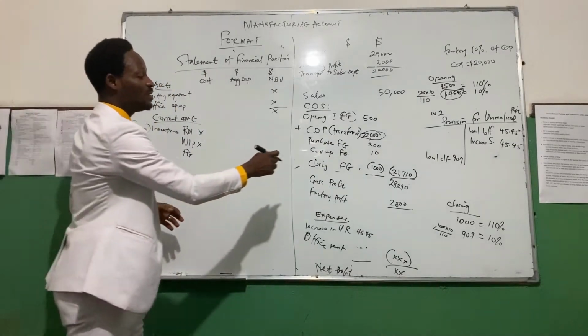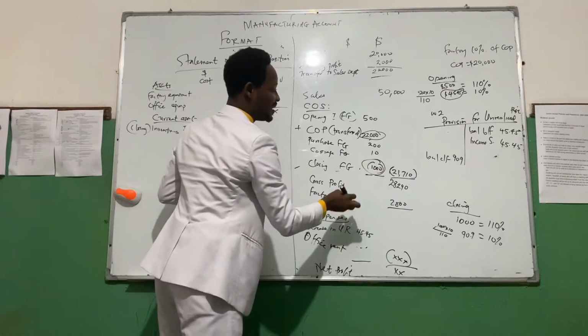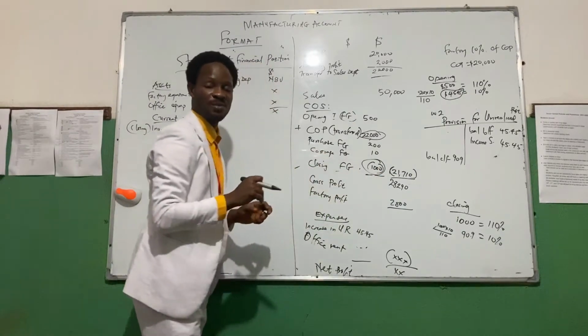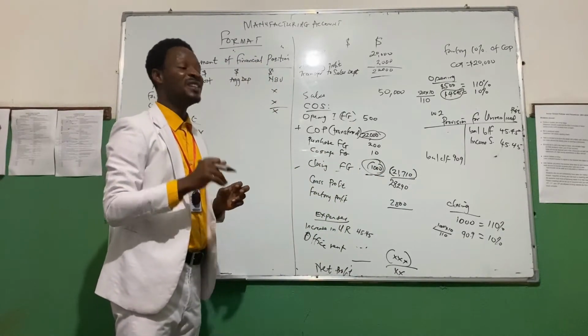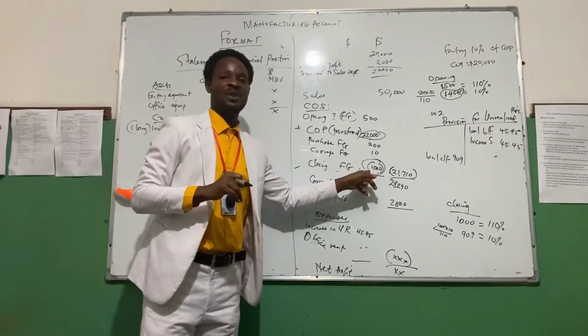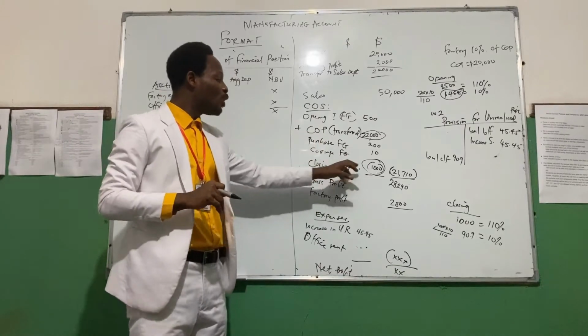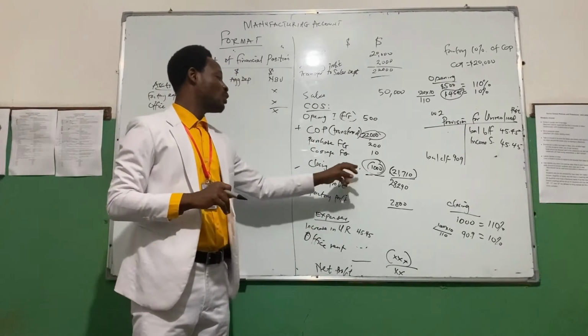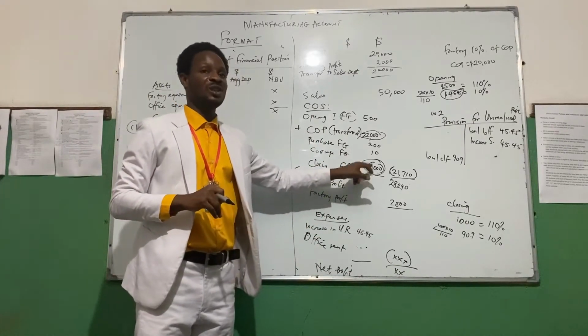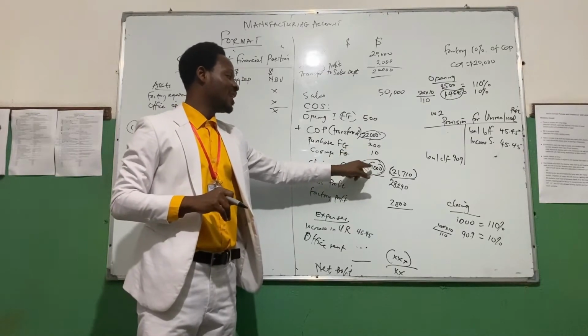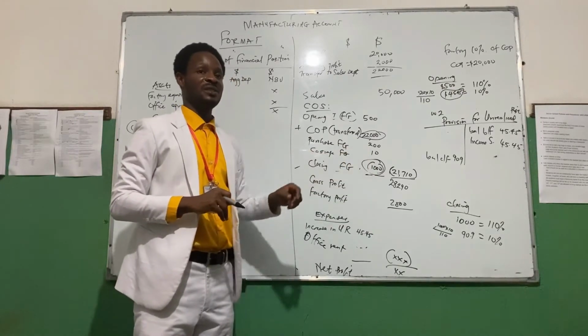The 1,000 here, you remember we said that it has an element of unrealized profit. That means this is not the real amount. The real amount is the cost of it. What is the cost of 1,000 goods that were transferred at cost plus 10% profit?